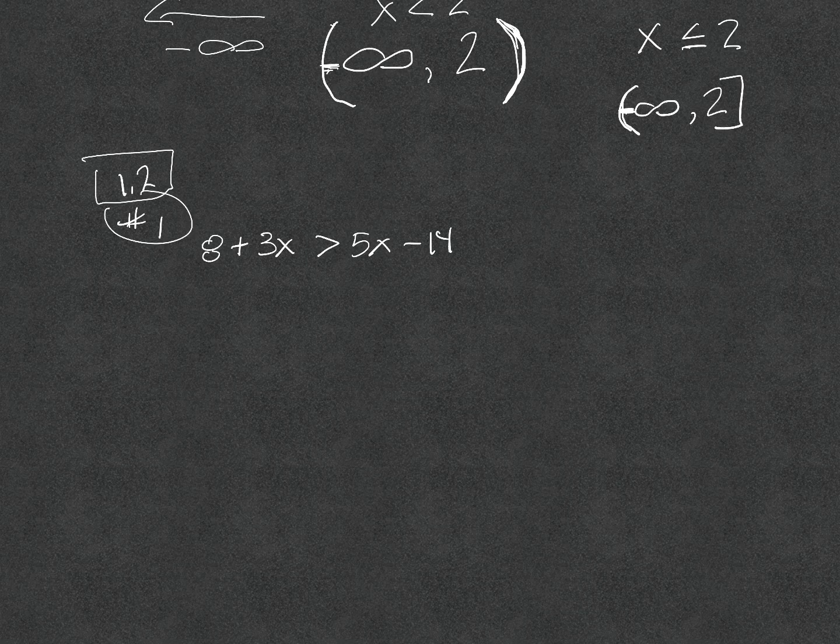Just like if it is an equation, we want all the variables on one side, we still want that. So I am going to add 14 to each side here, which gives us the 22. And I will subtract the 3x from each side.